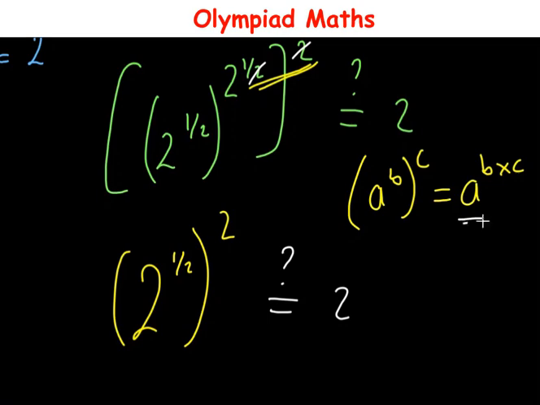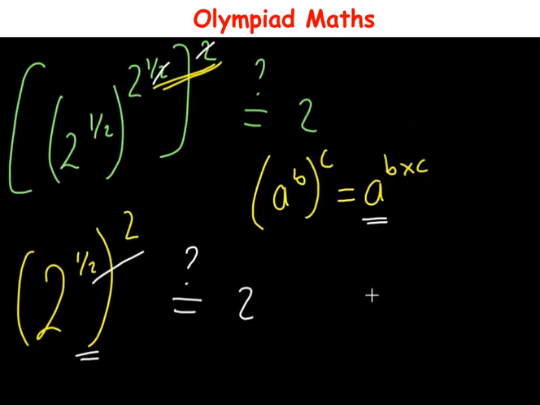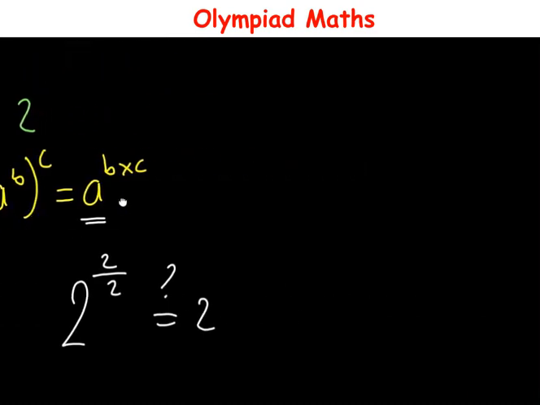Applying this same rule here also, the power 1 over 2 multiplies 2. So we have 2 raised to power 1 times 2, which is 2 over 2, equal to question mark. From here, we have 2 raised to power 2 divided by 2, we have 1, equal to question mark. 2 raised to power 1 is 2, which equals 2.